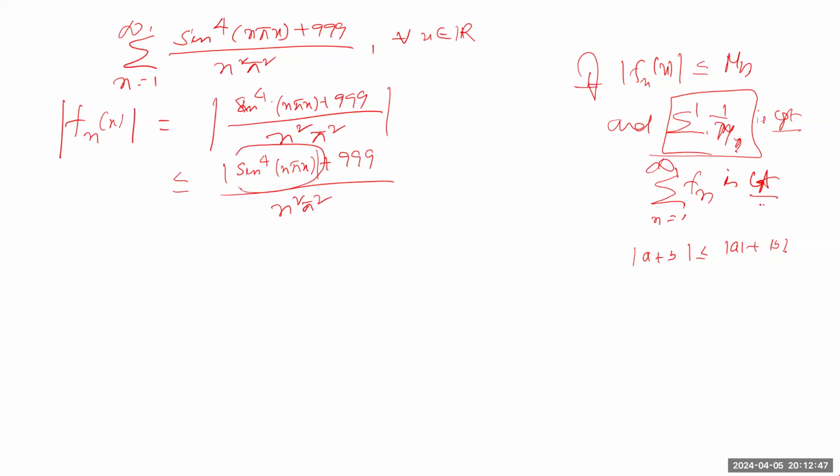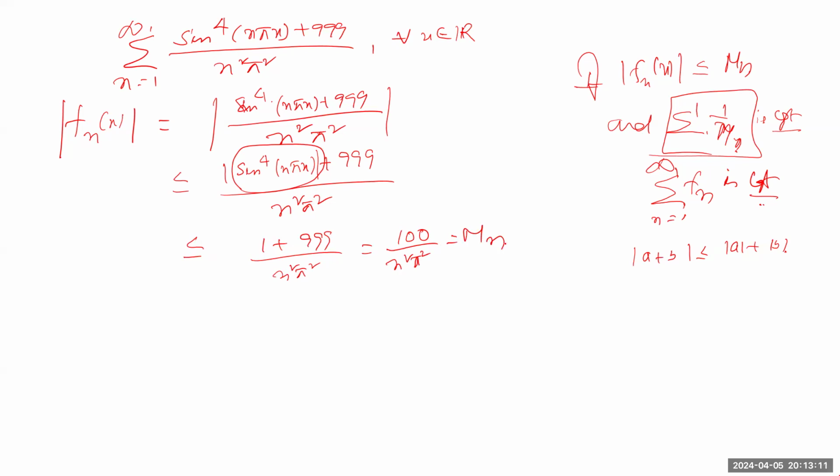But this sine value is less than 1, so this is less than 1 plus 999 over n square pi square, which is 1000 over n square pi square. This is your Mn.